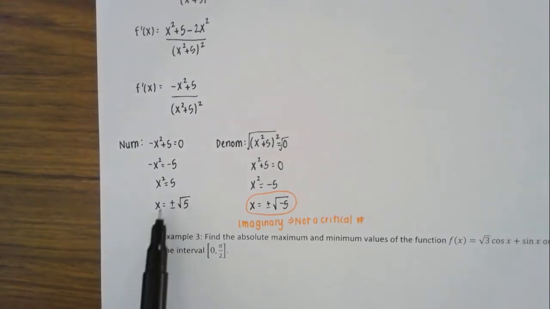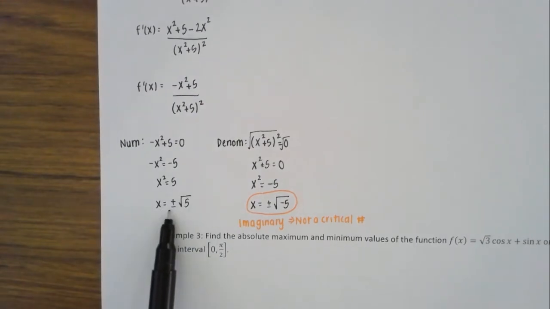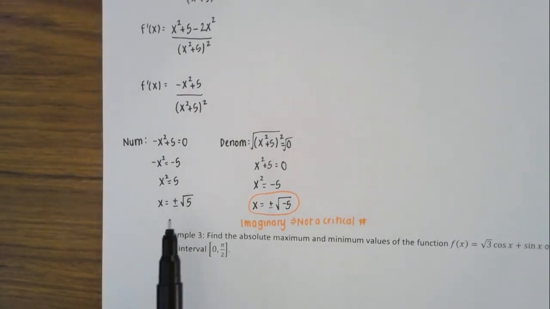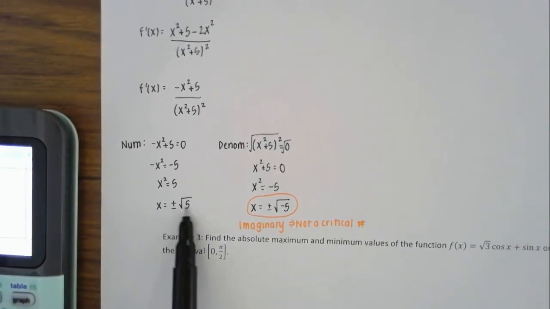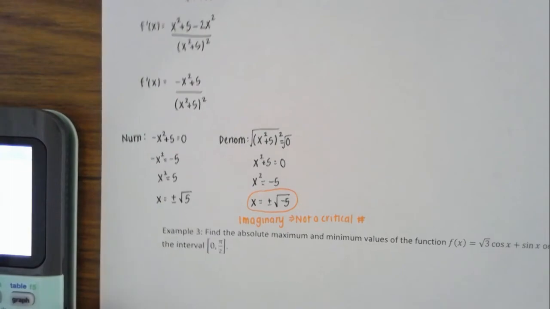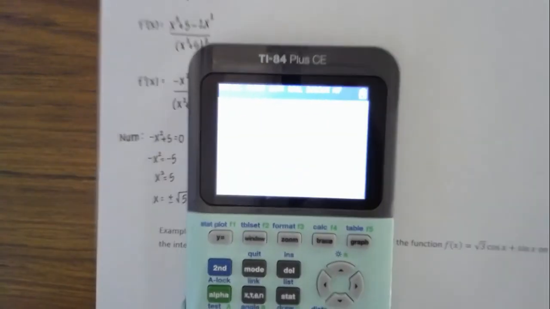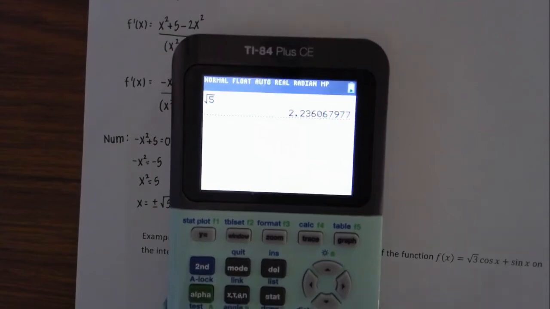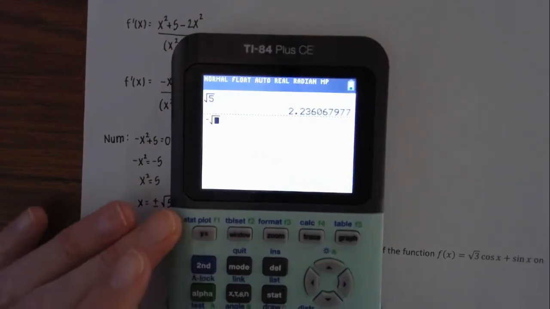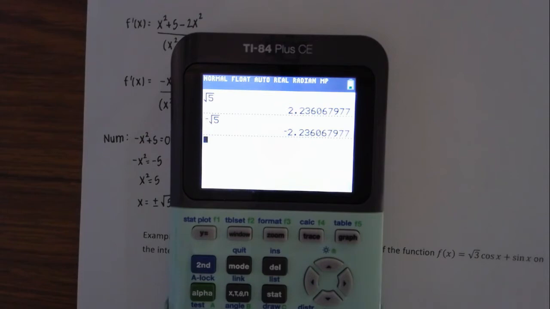So that would mean that my only possible critical numbers here would be plus or minus the square root of 5. But remember that we have to check to make sure that they're actually in the interval. If I type this into my calculator, the square root of 5 is approximately 2.23, and the negative square root of 5 is about negative 2.23.